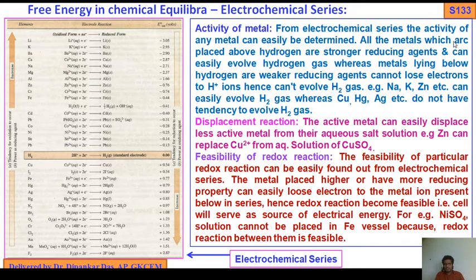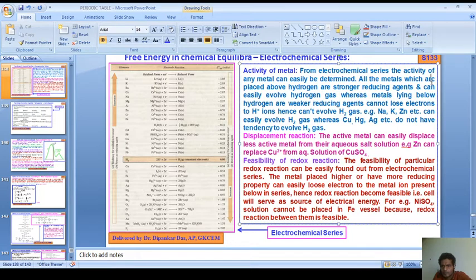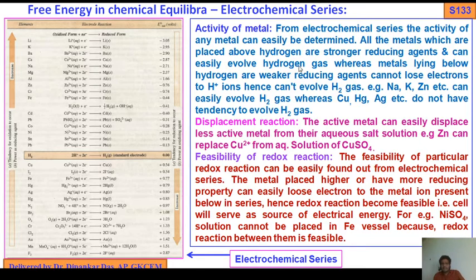All the metals placed above hydrogen are stronger reducing agents and can easily evolve hydrogen gas, whereas metals lying below hydrogen are weaker reducing agents; they cannot lose electrons to H plus ions, hence cannot evolve hydrogen gas.